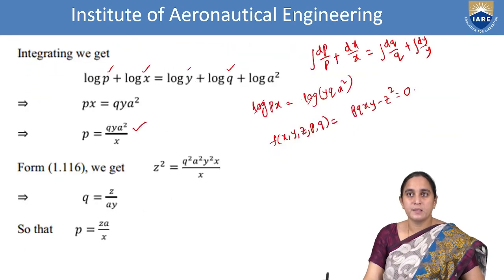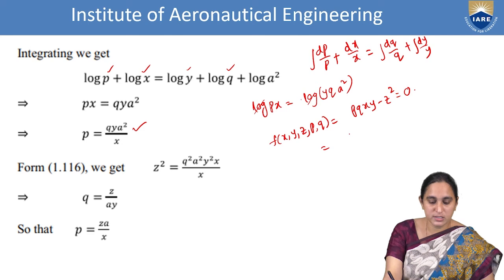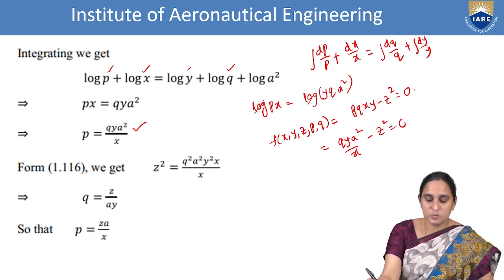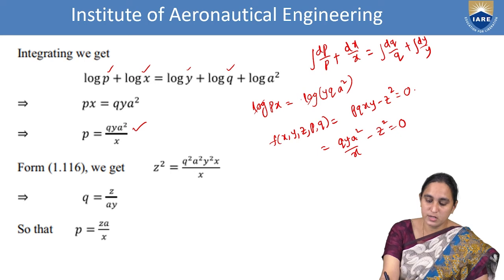Then substitute p here. What is p? qy a square by x, into xy minus z square is equal to 0.